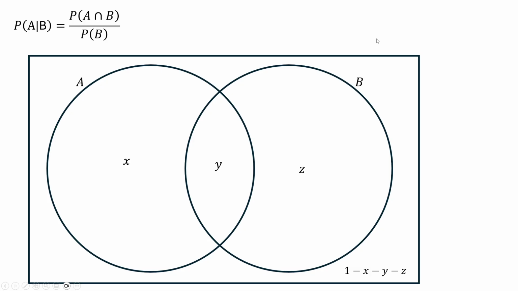So the probability of A given B is the probability of A and B, so that would be y, divided by the probability of B, which is going to be y plus z. Hopefully that makes sense. And so this is a key fact which we'll use in the following question as an example of how to change a probability question into an algebraic question.